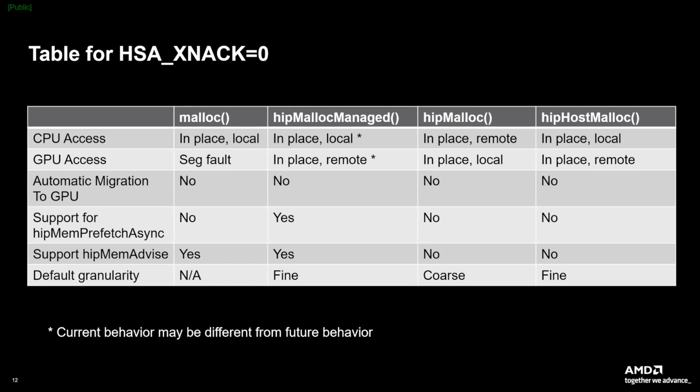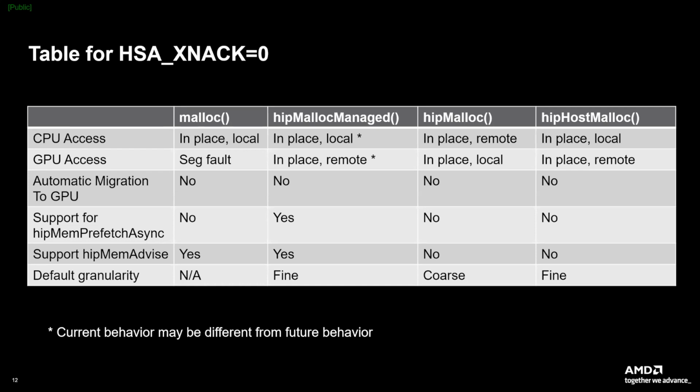For in-place memory on the CPU, we're going to have it local for all but the HIP malloc, which will be remote because that's allocating the memory on the device. And the GPU access is going to be the opposite.